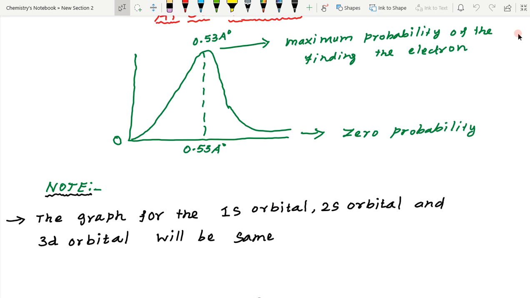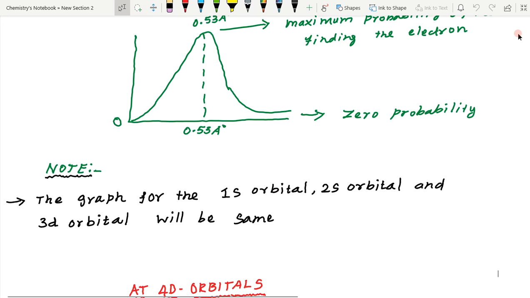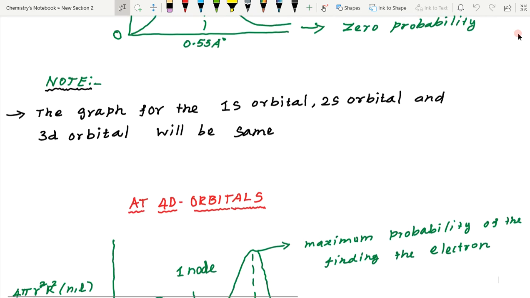There is maximum probability at the value 0.53 Armstrong. 0 denotes there is no probability of finding the electron. Note carefully, the graph for the 1s orbital, 2s orbital and 3d orbital will be the same.